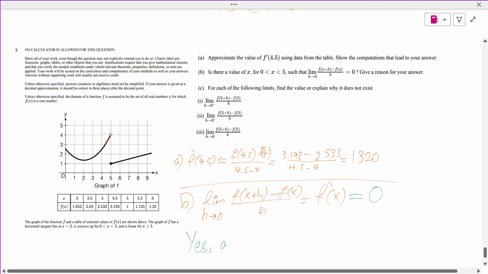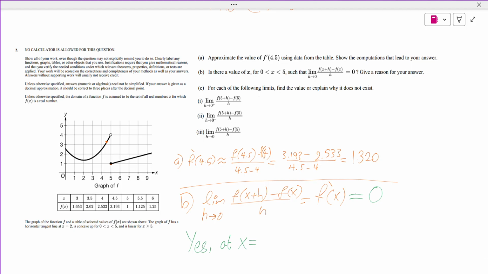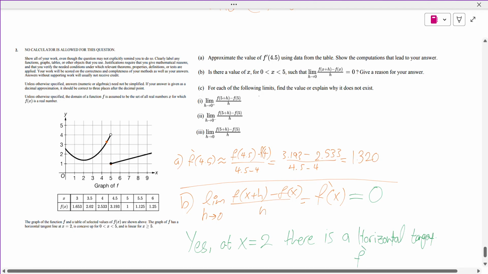We can say that at x equals 2, there is a horizontal tangent, and we know that at the horizontal tangent, f prime of 2 will be 0.